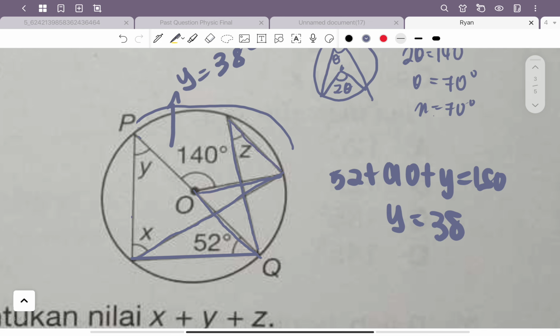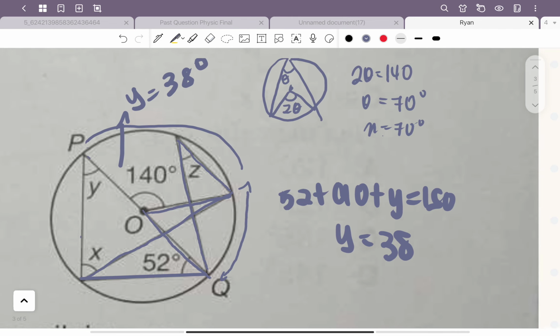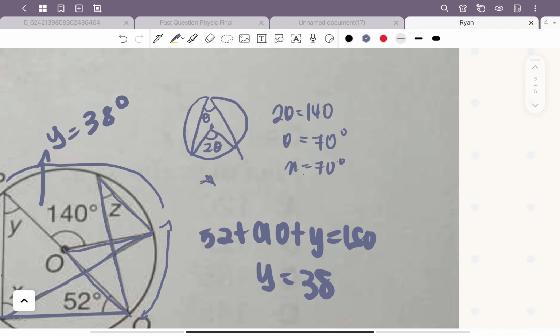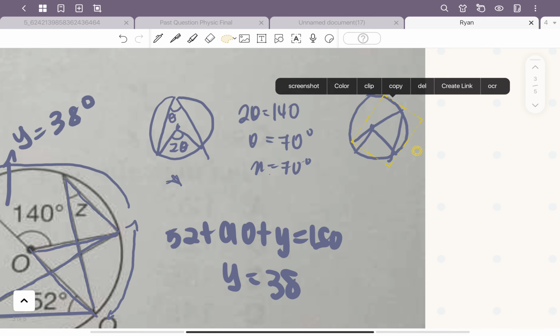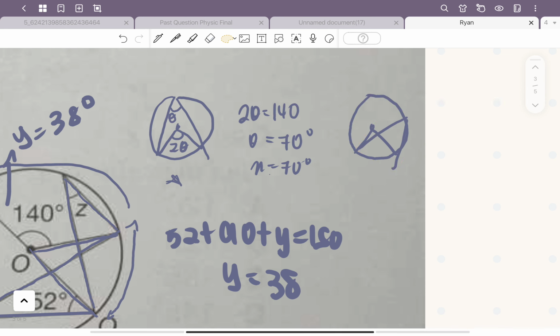And then you notice these 3 have the same minor arc also. So use this knowledge, okay? But usually it's like this, right? But in this case, what happened is the length is actually sideways. So that is why it might be confusing to you. So it is like this.